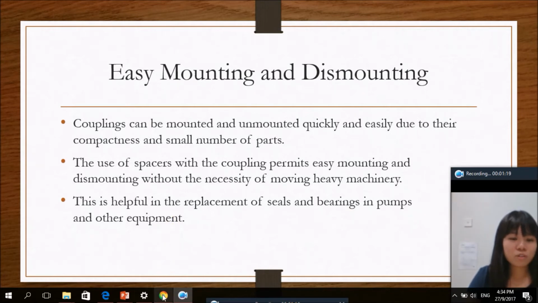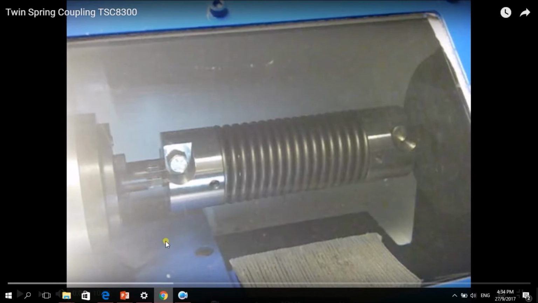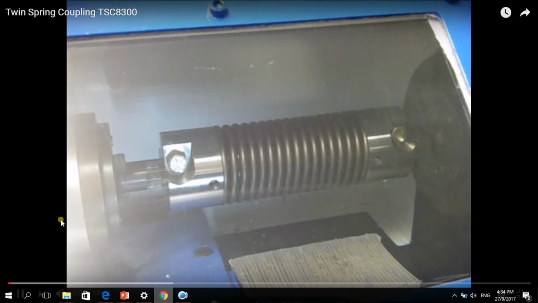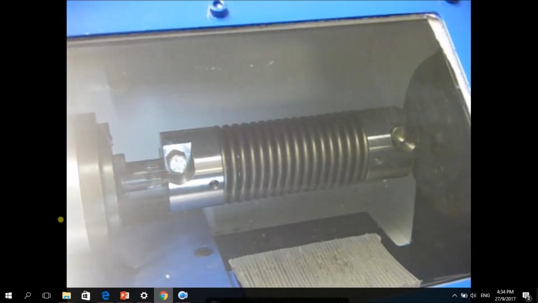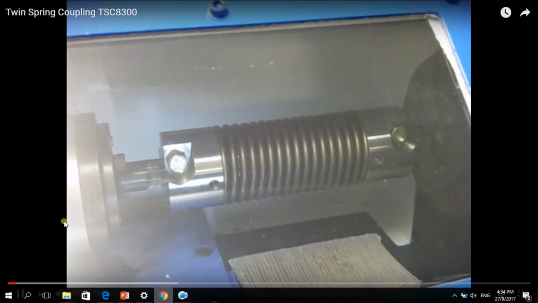Now I will show another video of the action of torsion. Okay, twin spring coupling test number 2. And start. The machine will start the torsion action now. And start.